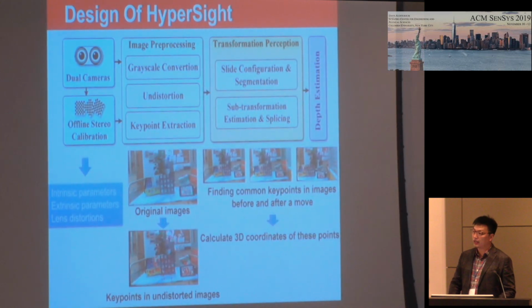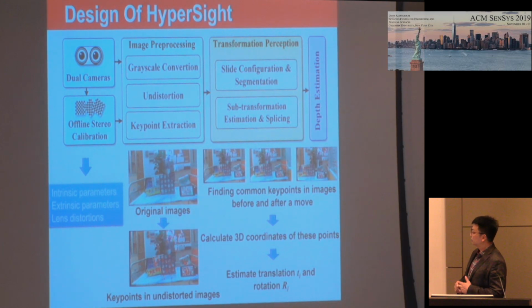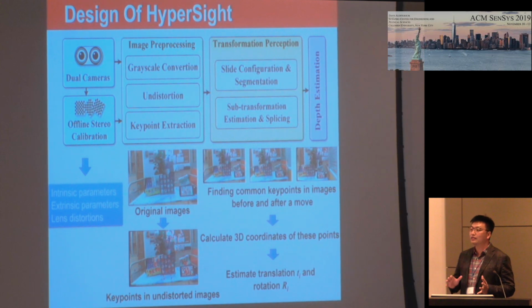With those 3D coordinates, we can estimate the translation Ti and rotation Ri. Okay. So we splice all these translations and rotations, so finally we get the whole movement, and use that to estimate the depth of the far target.